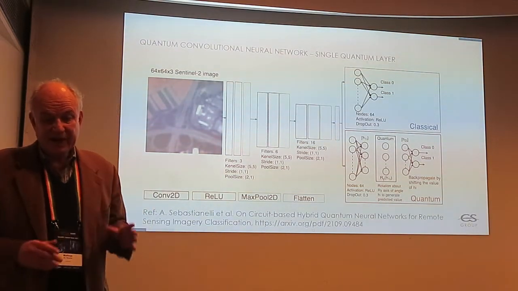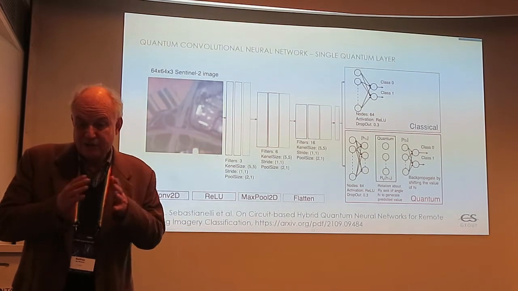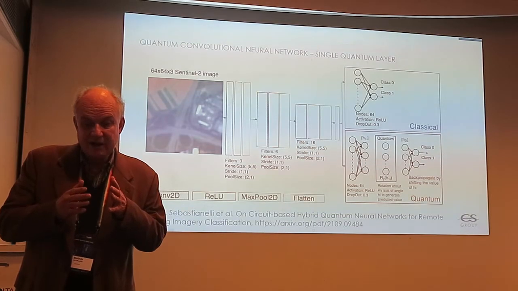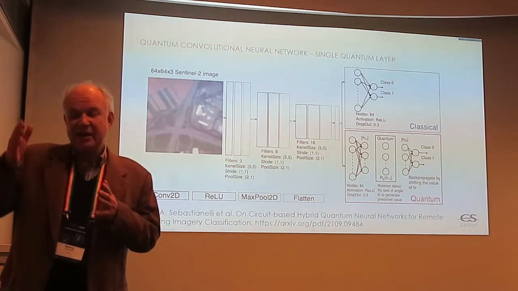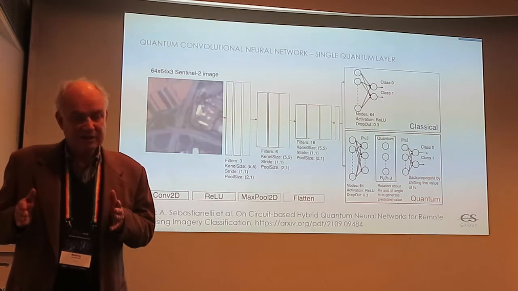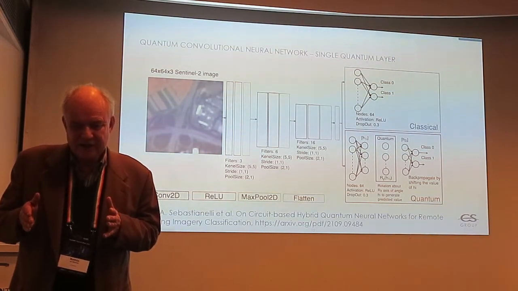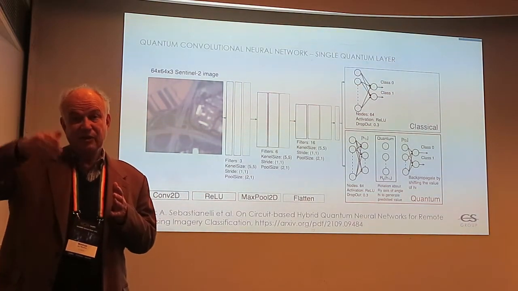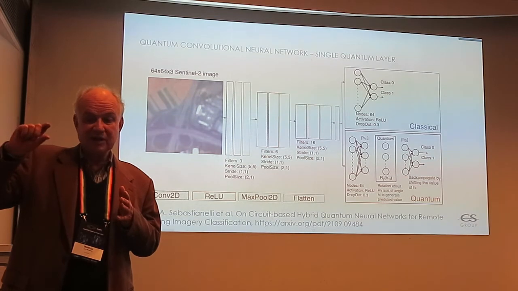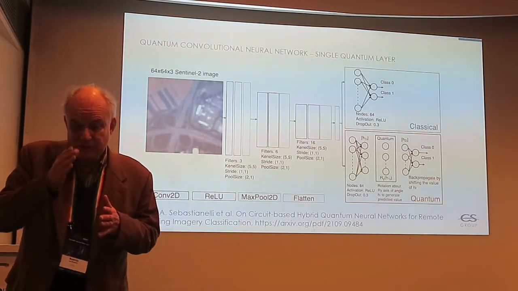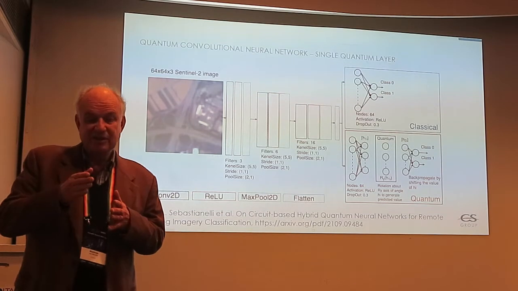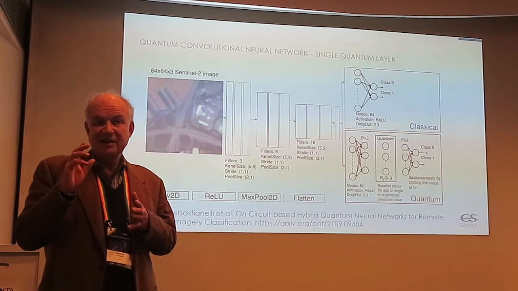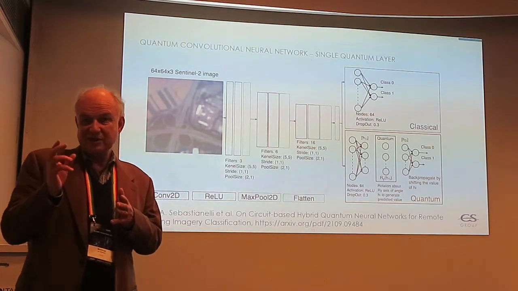First, add a single quantum layer to the CNN. Here we have a CNN with 3 levels, so 3 times convolution, ReLU, and pooling, and at the end a fully connected layer. On the top you have the classical, where from the fully connected layer you choose class 0 or class 1, and in the quantum version you put in between a quantum layer with a rotation of the qubit along the x-axis, and the angle theta is then the parameter.